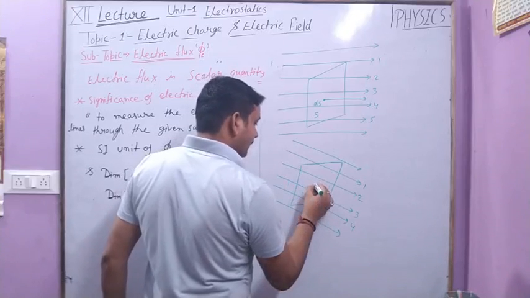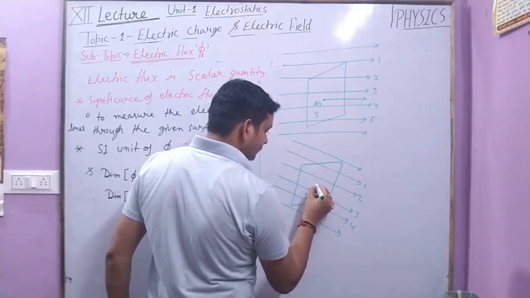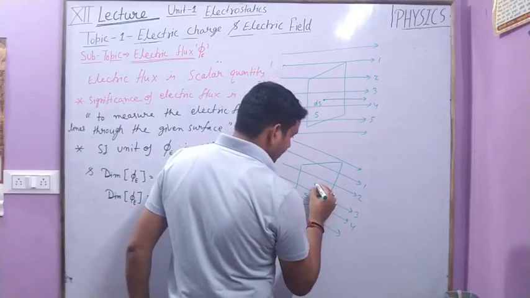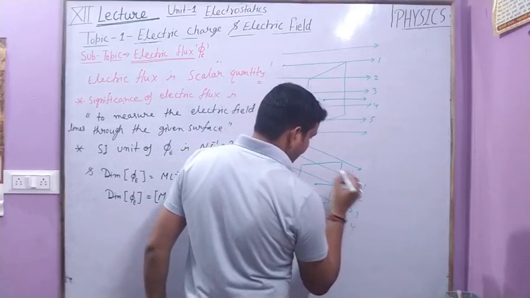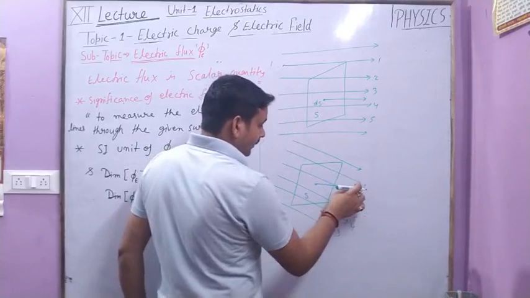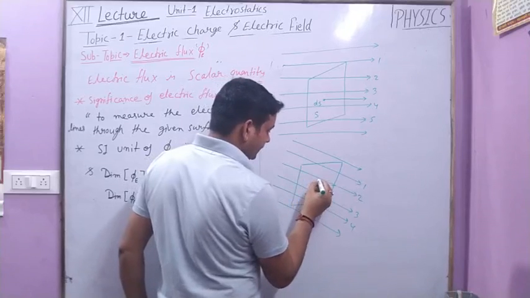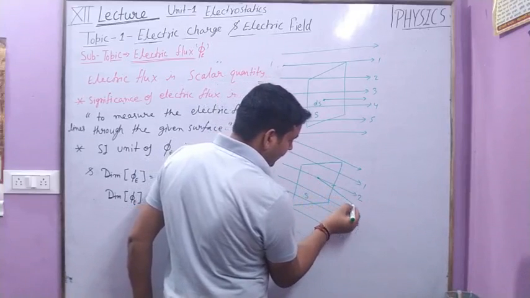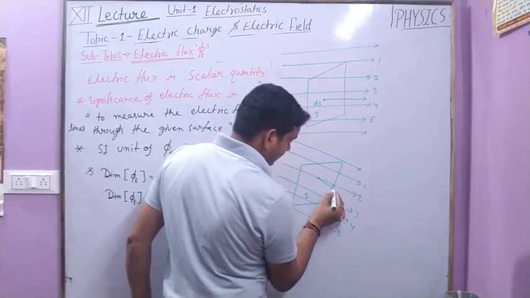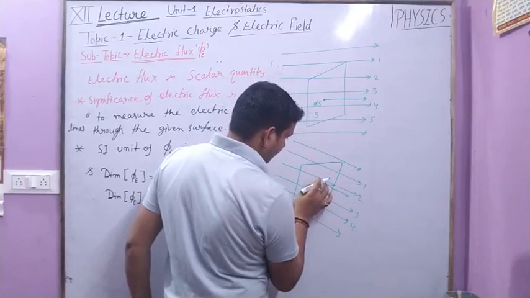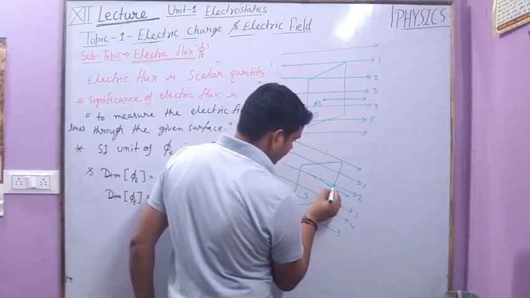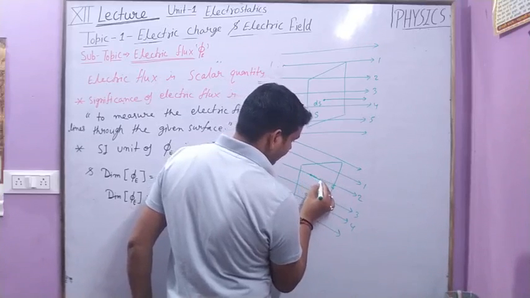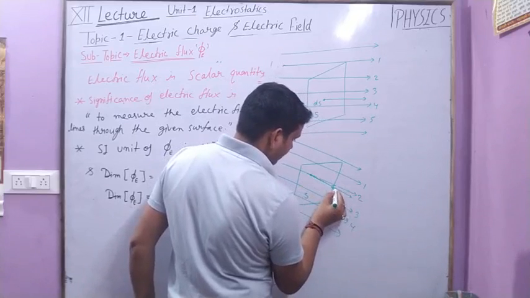This is the surface and this is the area vector, normal to the surface.